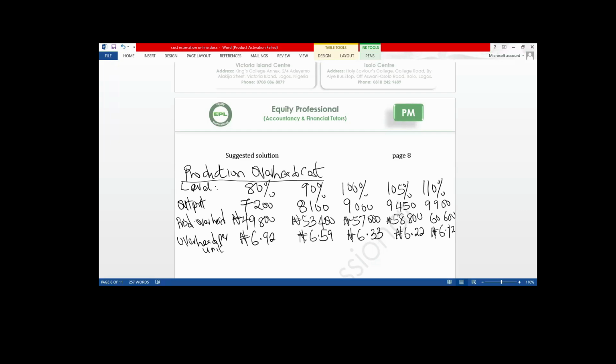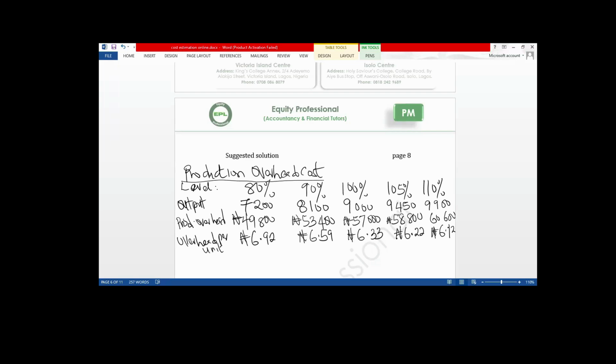Unlike the labor and material cost we calculated before, for overhead cost, the cost starts falling from 80%. As we produce more, cost per unit will fall. This is an indication that this overhead cost is a mixed cost. It contains elements of variable cost and fixed cost.